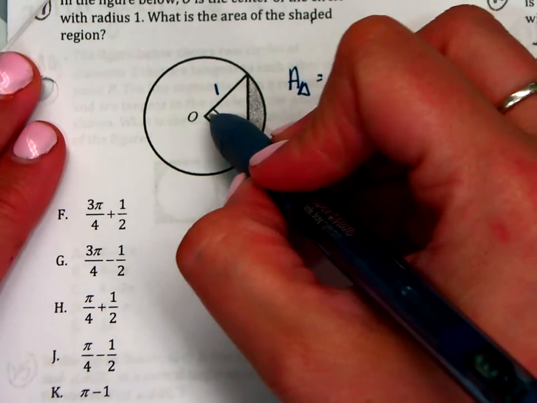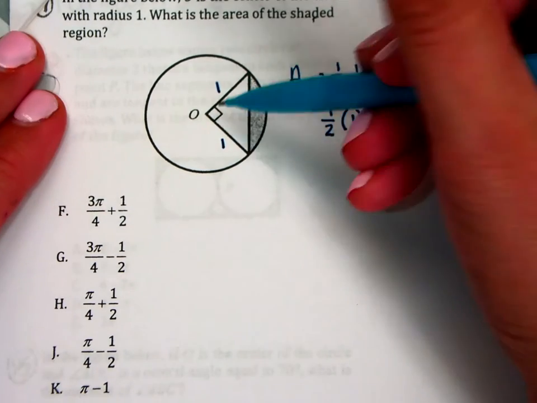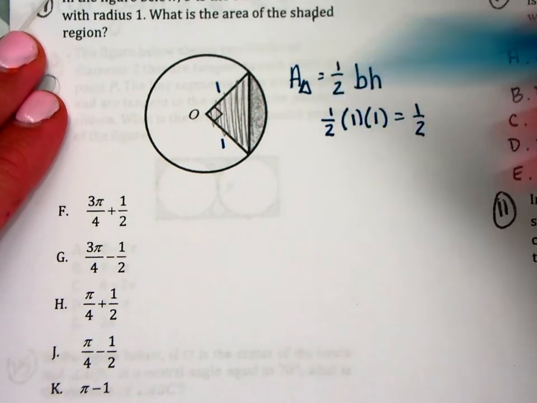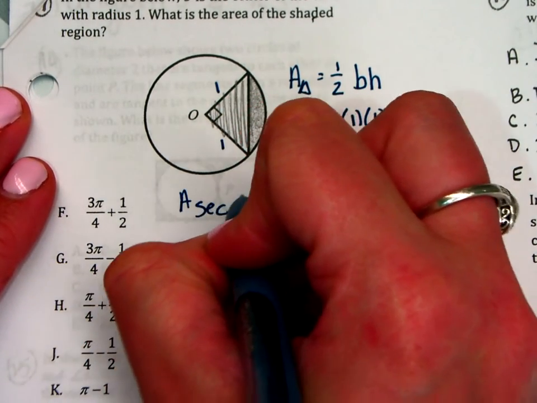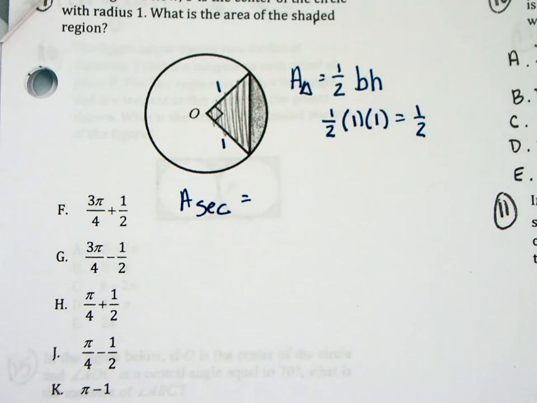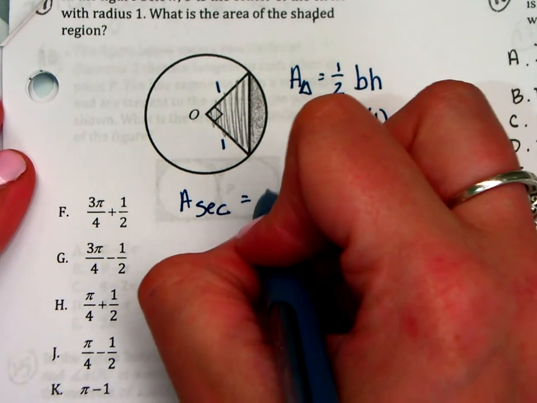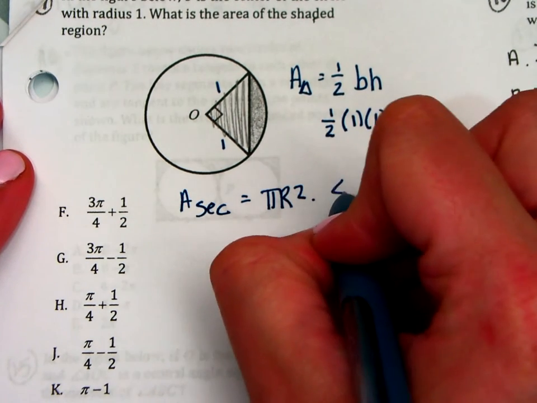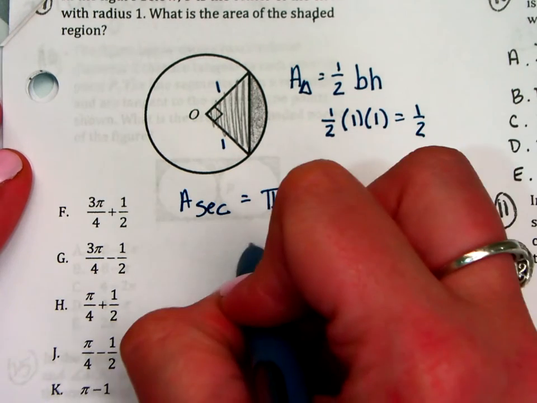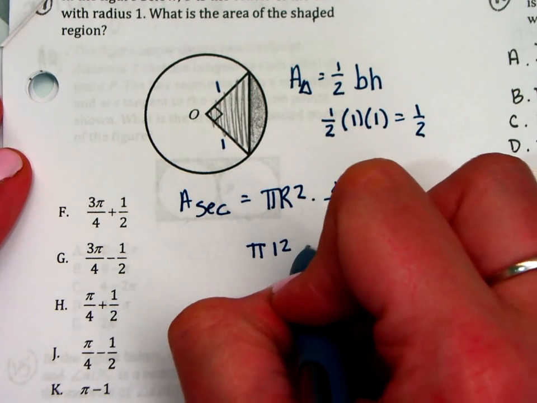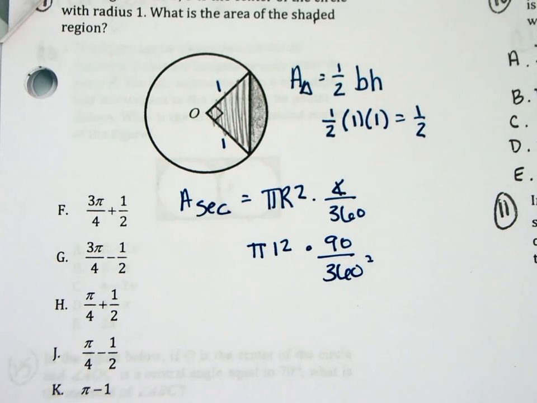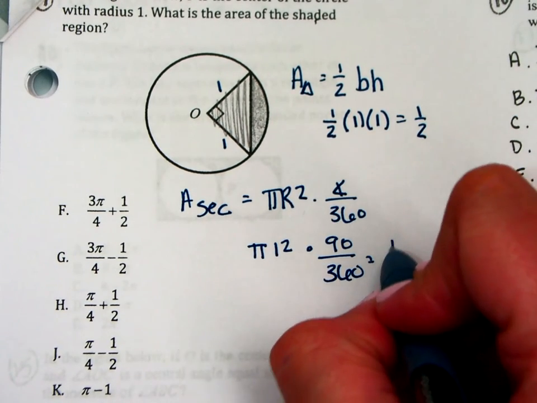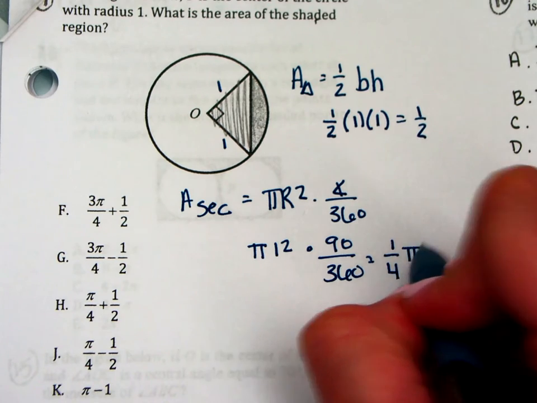Now, to find the area of the shaded portion, we need to envision a sector. So we're actually going to do the area of a sector, area sub sector. The area of a sector is pi r squared times the angle over 360. So pi times 1 squared times 90 over 360. 1 squared times 90 over 360 is 1/4 times pi.